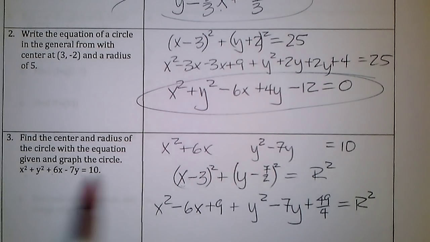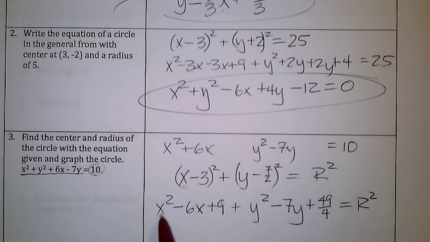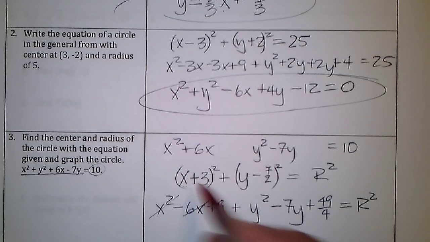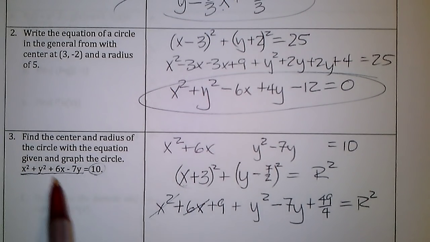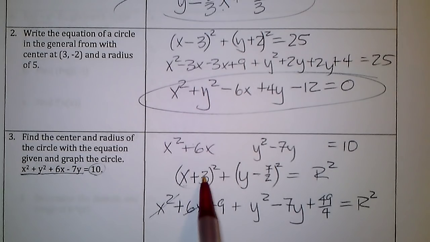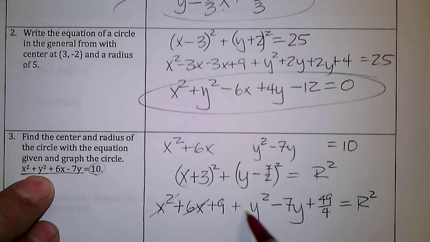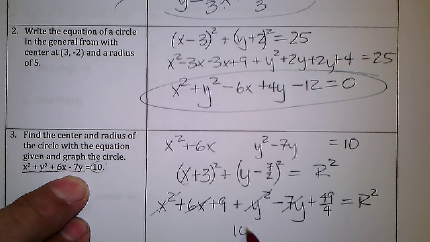Now, the x squared, y squared, and all this is equal to 10. So this and this, well, this is plus 6. So that's plus here. That's minus. So this is plus there. It was plus 6x. Half of plus is plus. Okay, so that plus y squared minus 7y, that's all 10.